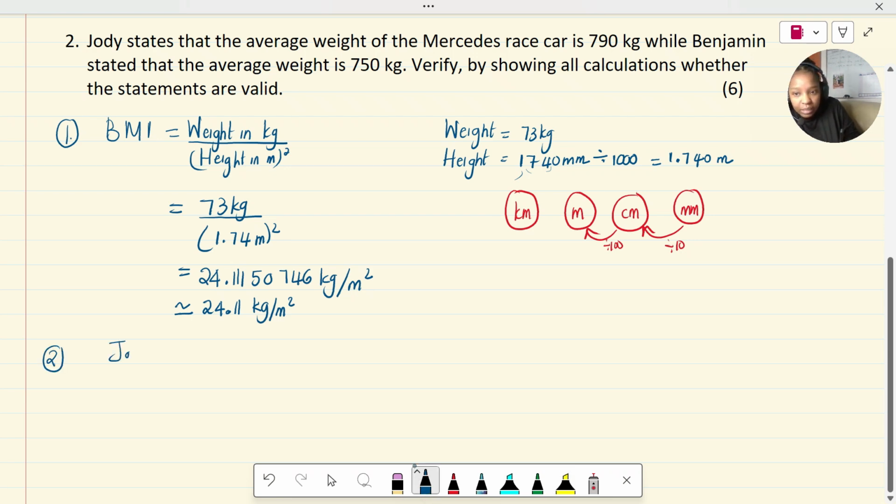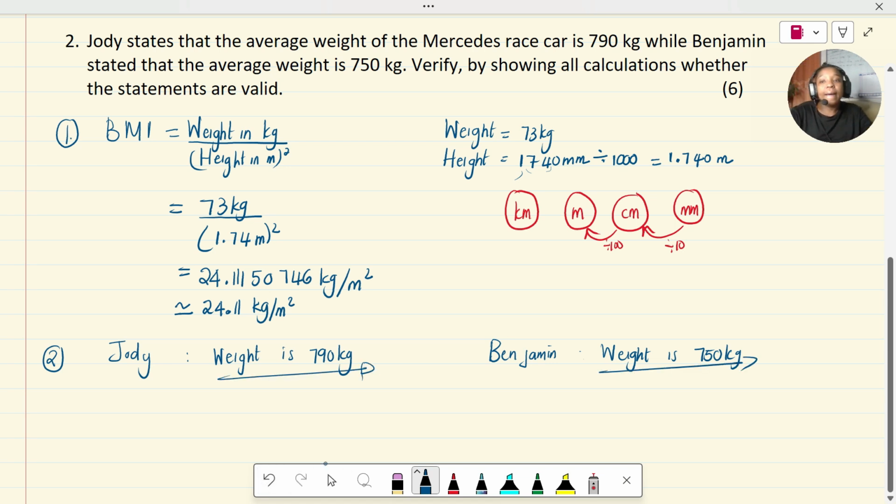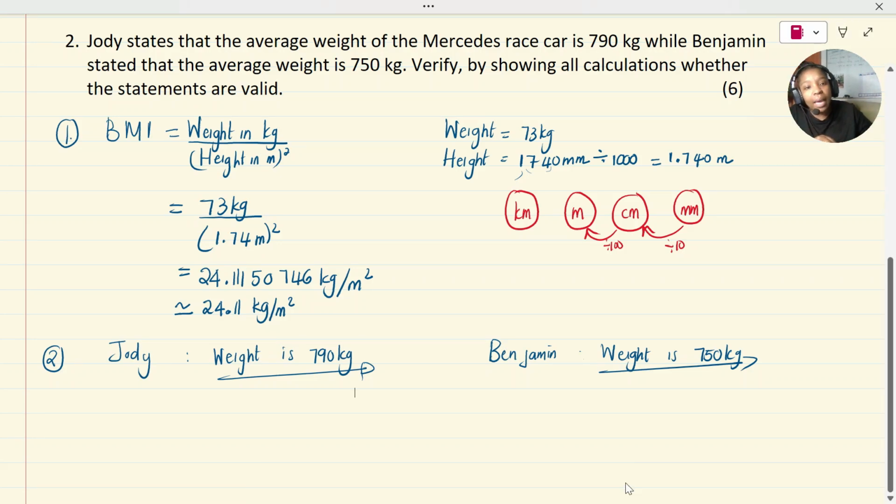Jody says the weight of a Mercedes car is 790 kilograms, and Benjamin says the weight is 750 kilograms. So who is actually correct? We are asked to verify by showing all calculations whether the statements given by Jody and Benjamin are valid. So what do we need to do in this case?